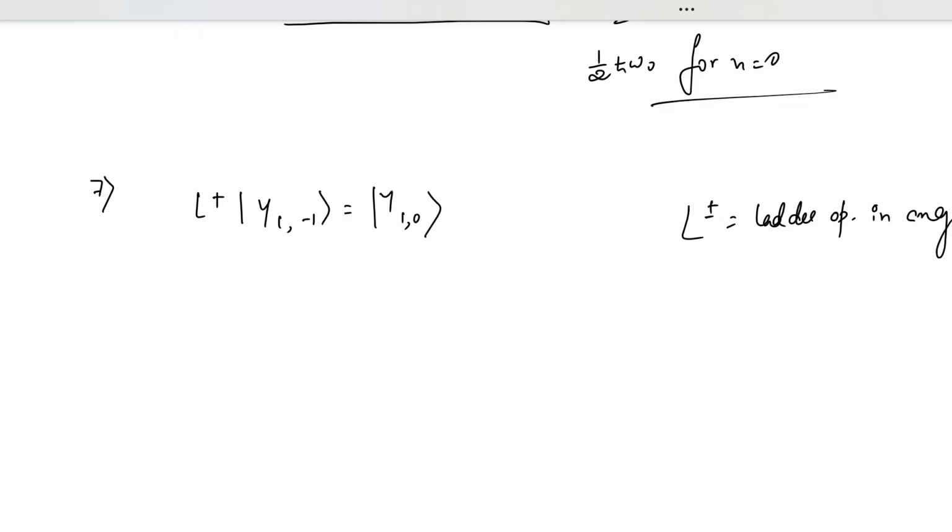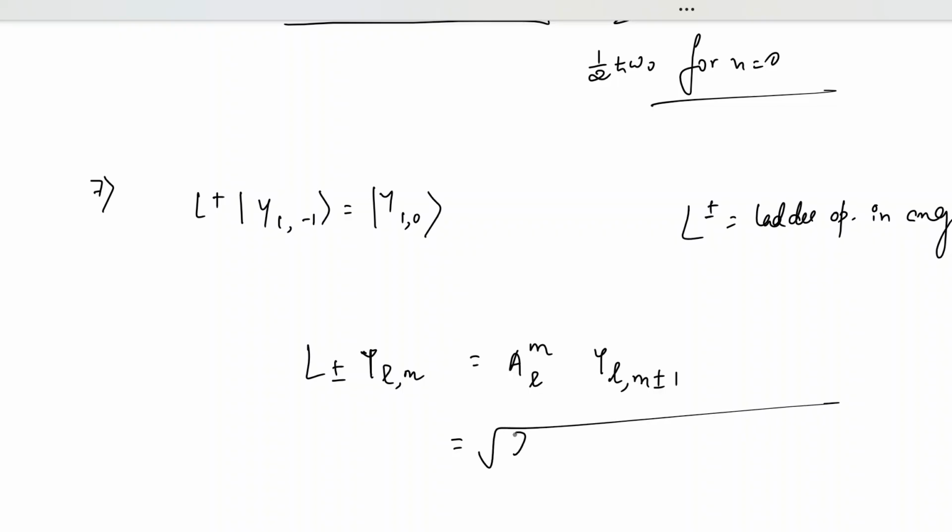in angular momentum. So you know that the formula is L plus minus, if you have the state as Ylm, that is equal to some coefficient depending on L and m, which is Aml, Yl, m plus minus 1.